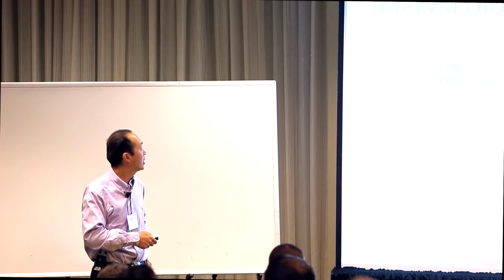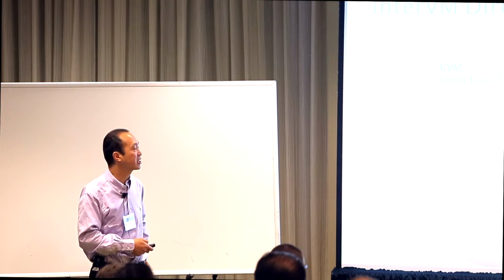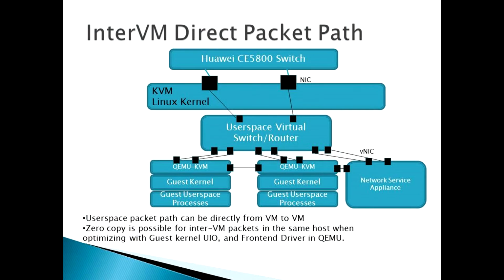That goes deeper into the direction of the stage. People might think there are still some traffic hairpins, where traffic is sent from one VM to the user space virtual switch, then goes back to another VM. So there are still lightweight traffic hairpins in that case. If you really have that concern, there's a minor improvement to the approach we call inter-VM direct packet pass-through.